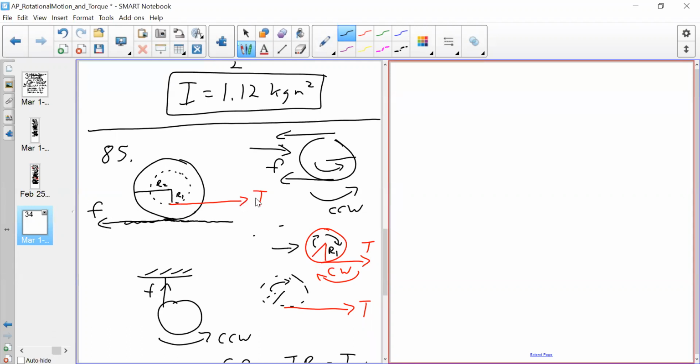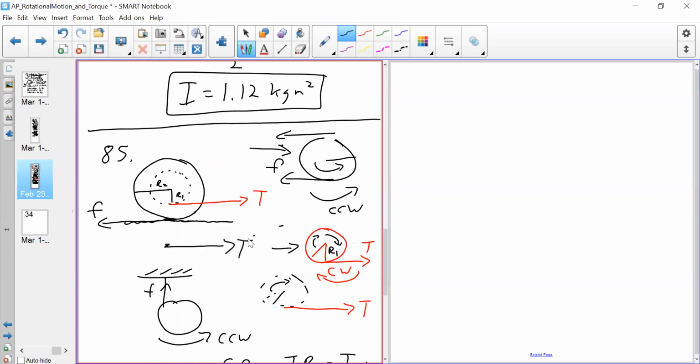You can also imagine that this tension T could be pulling this object at the center of mass as if you're pulling just a point. As in the old school days, we're pulling this guy forward with tension T. We're accelerating it, and so therefore it's going to go to the right.